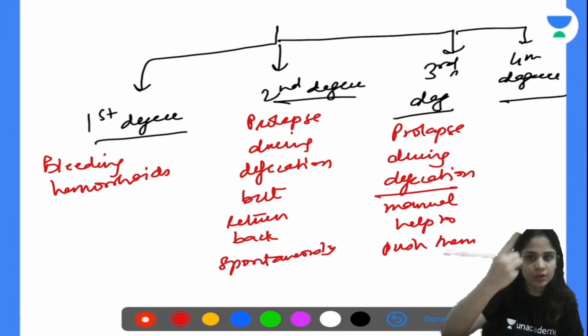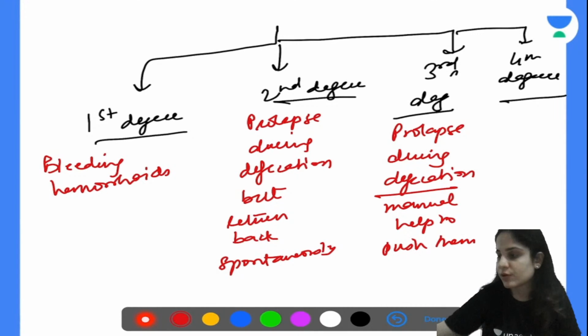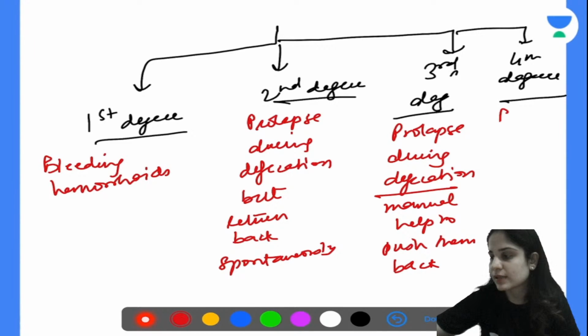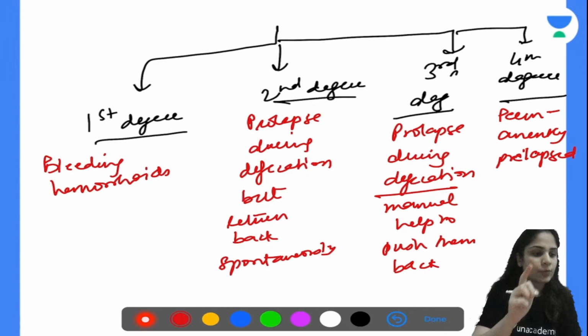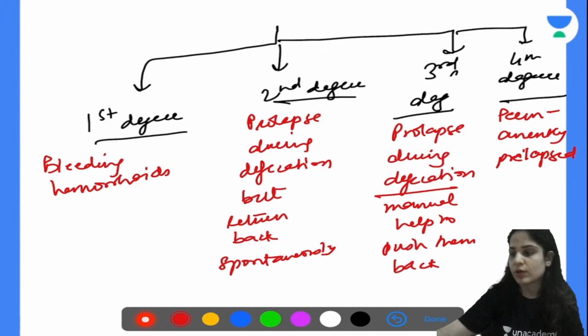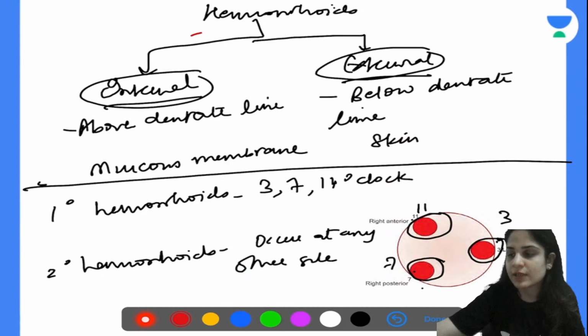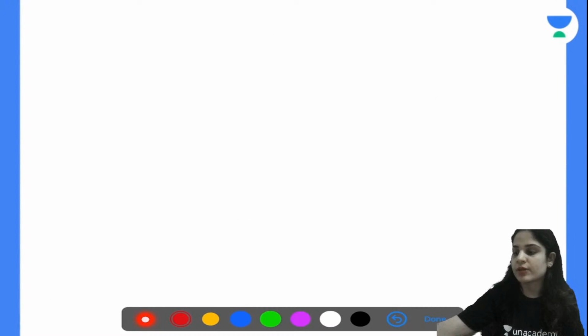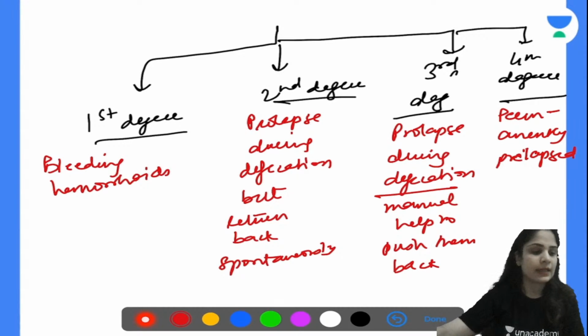You will have to put your finger inside and push the hemorrhoids back. And your fourth degree hemorrhoids are the ones that are permanently prolapsed. Whatever you do, even if you try to put your finger inside and push it back up, there is going to be no difference. Alright, so these are the three different classifications of hemorrhoids that you need to know: internal hemorrhoids, external hemorrhoids, primary hemorrhoids, secondary hemorrhoids, first degree, second degree, third degree, and fourth degree hemorrhoids.